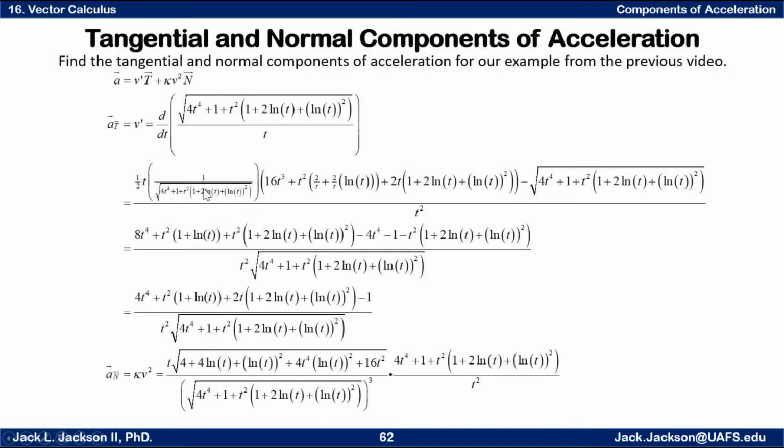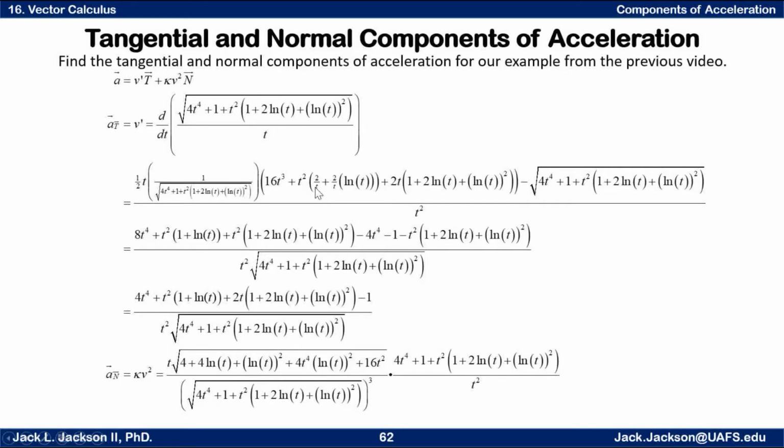Now, I'm also going to take this part here, and I'm going to take the t over 2 and distribute it across here. So 1/2 t times 16t cubed is 8t to the fourth. I'm going to take the t over 2 and distribute, which is going to cancel that and that, 2 over t.